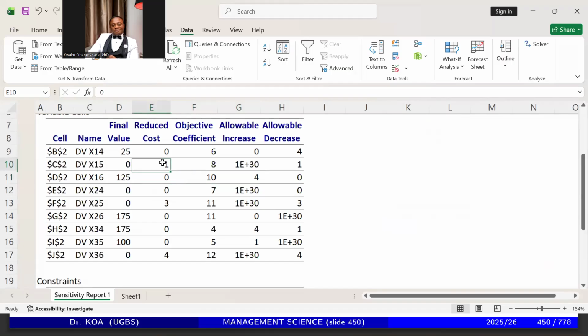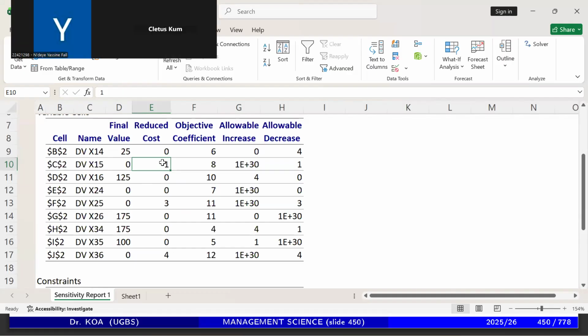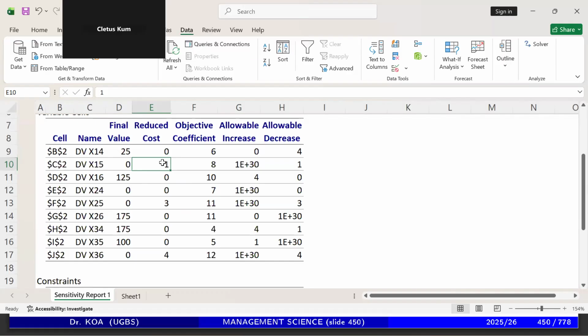Why are the reduced costs, aside those that are 0, all positive? Yasin. Because we are dealing with a minimization problem. Exactly. Because we are doing a minimization, and in such a case, you should have a reduced cost of positive.